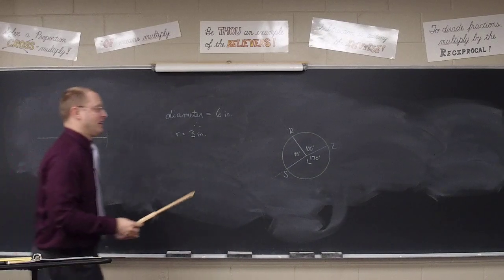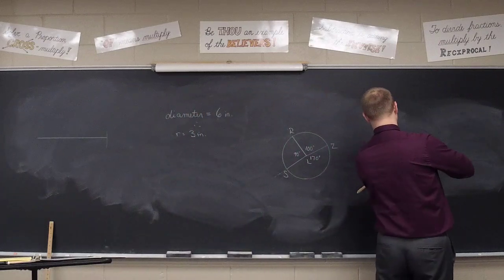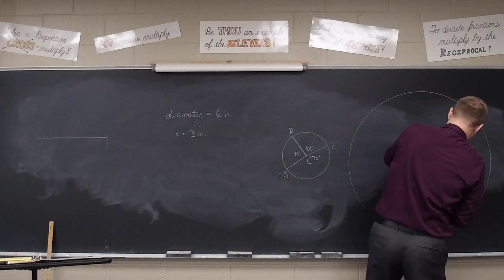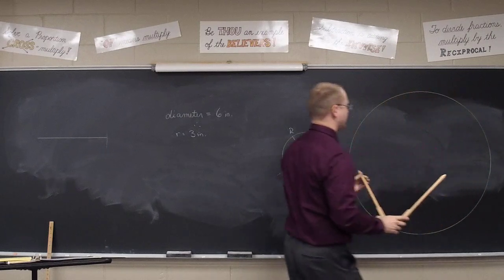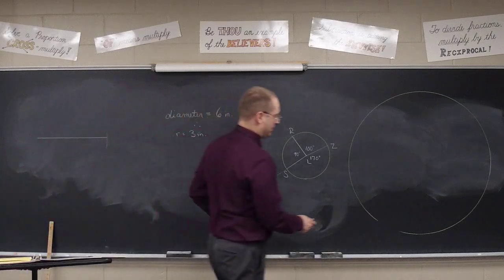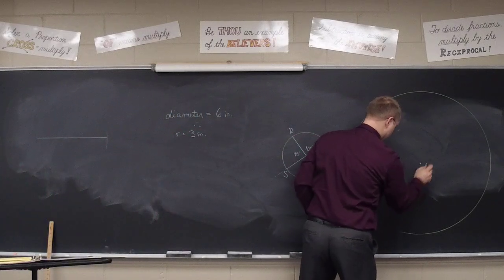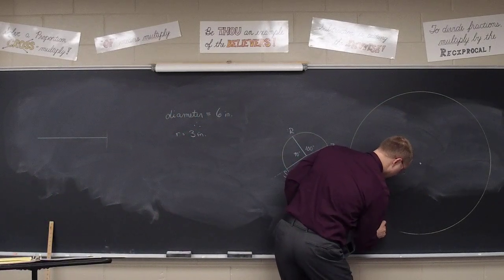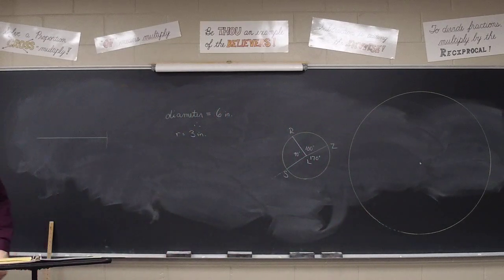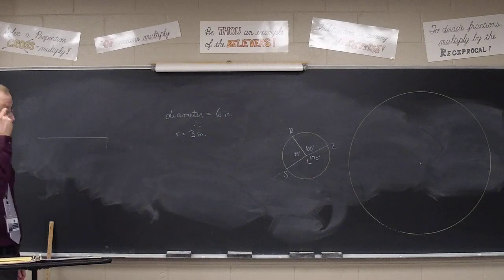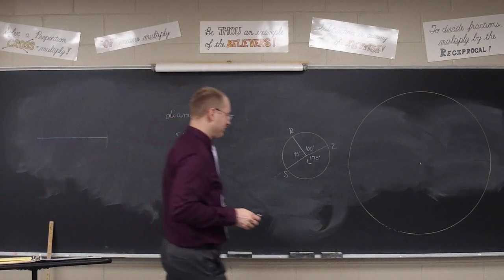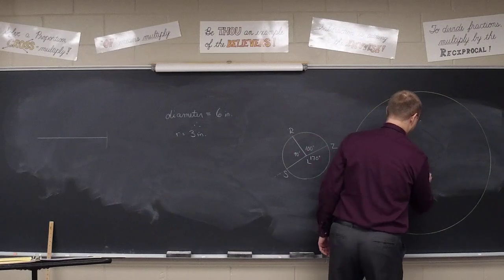Measure your 3-inch line, and then draw your nice big circle. 6-inch diameter. And let's name this circle B.